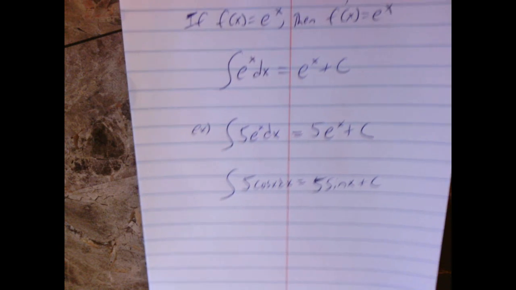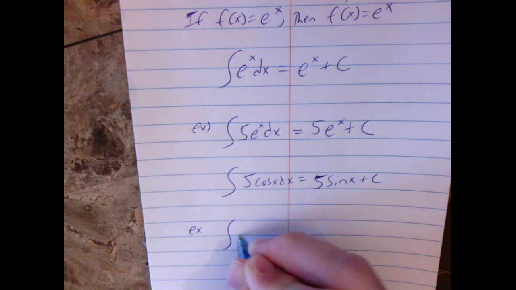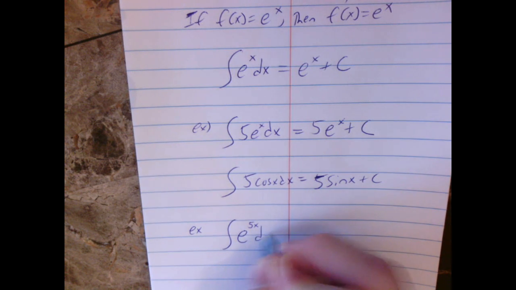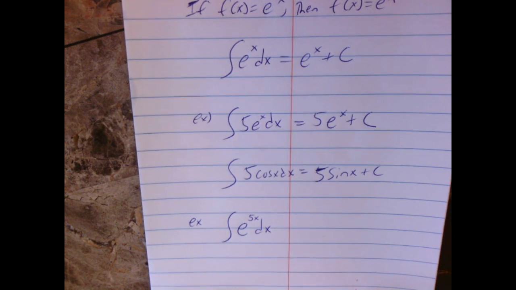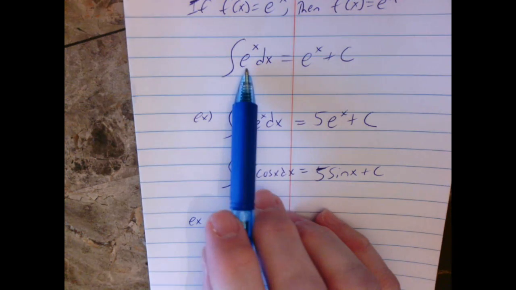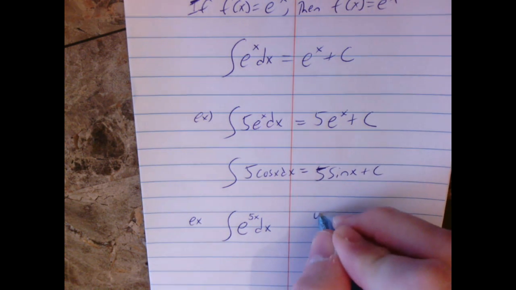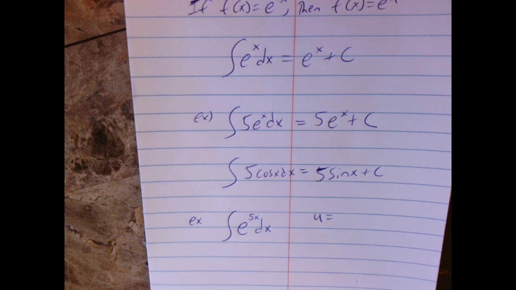All right, what if we kick it up a notch? What if instead of 5 e to the x, we did e to the 5x? Well, here it does get a little bit more complicated. Unfortunately, our rule is really just for e to the x. So this is e to some other thing that's not just x. Hopefully you remember that we do have a way to deal with those things as long as you remember our u substitution technique.